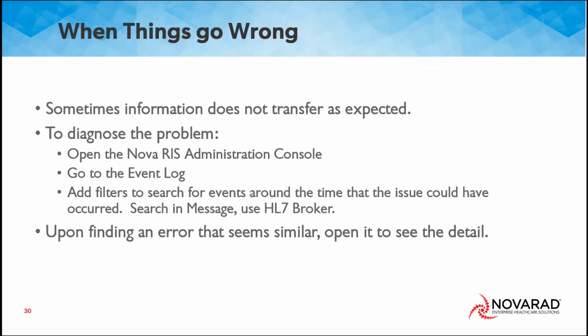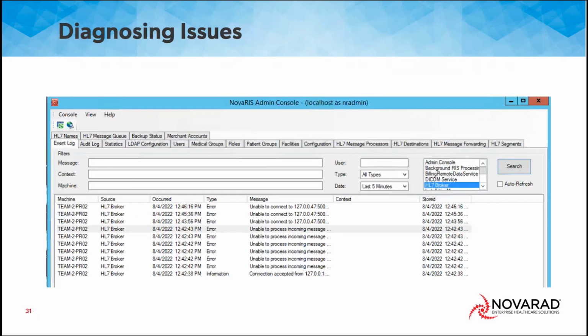So, if we take a look at this sample event log, you'll see that at the bottom you have a whole bunch of results because this was an open-ended search.